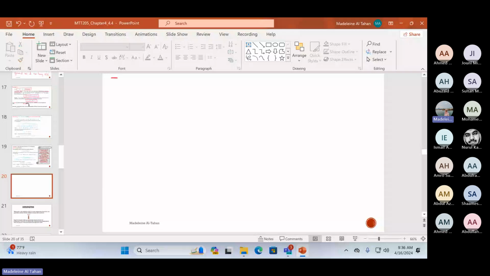So let's put this one. y double prime minus y equal to 3e power x. This one we want to solve.